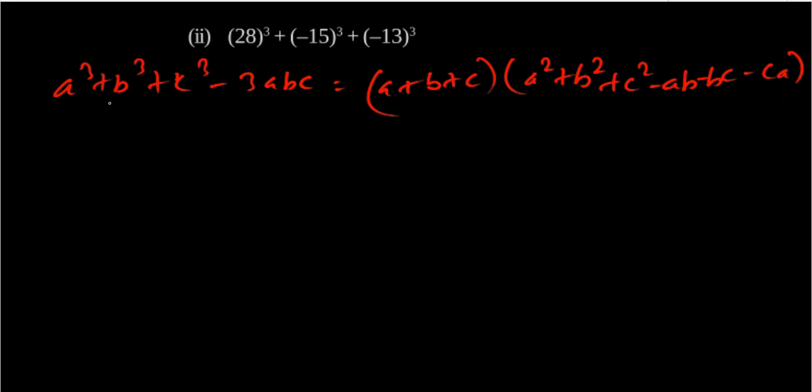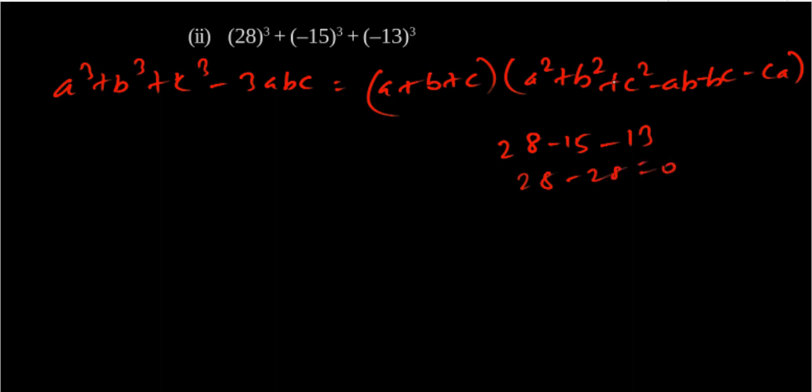So, we will identify what is a plus b plus c first. So, a is 28, minus 15, minus 13. So, 28 minus 15 minus 13 becomes 0. So, a plus b plus c is 0.